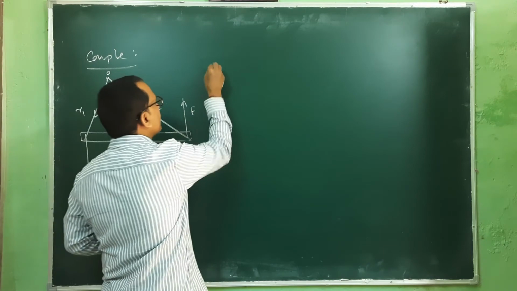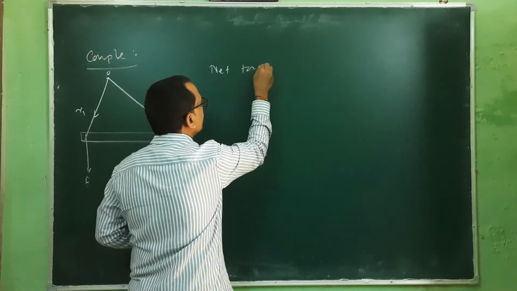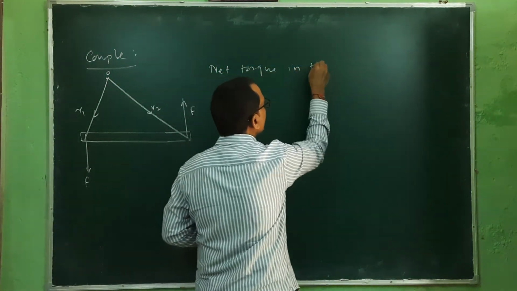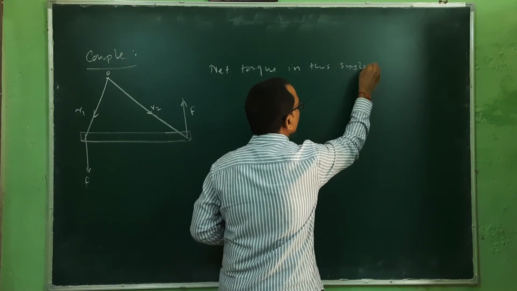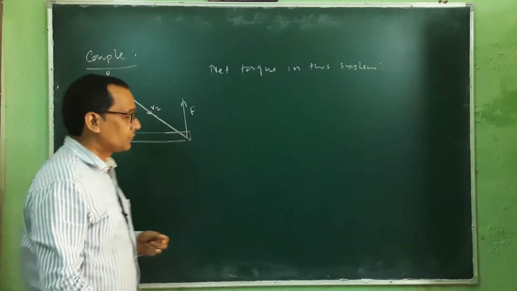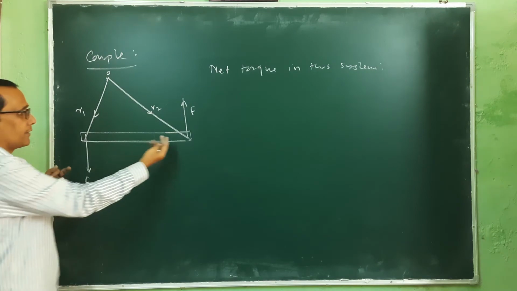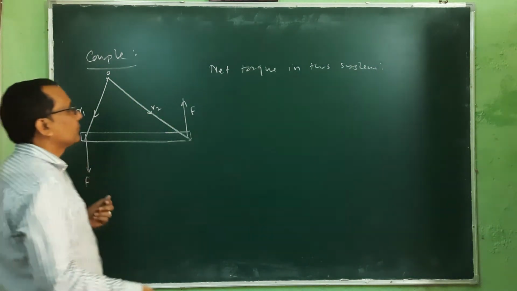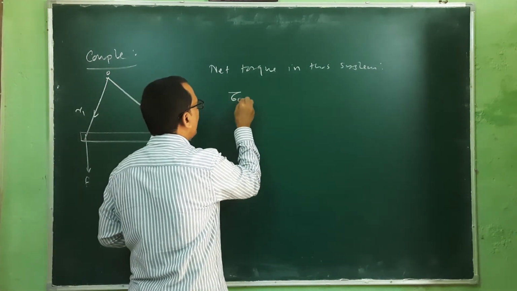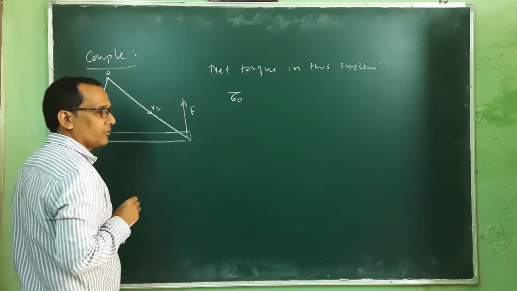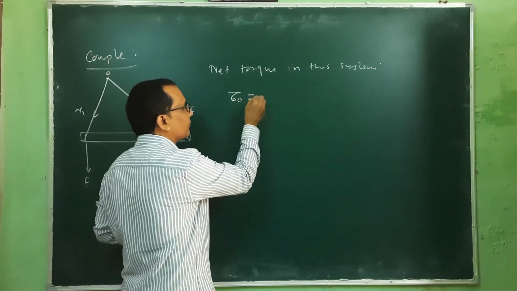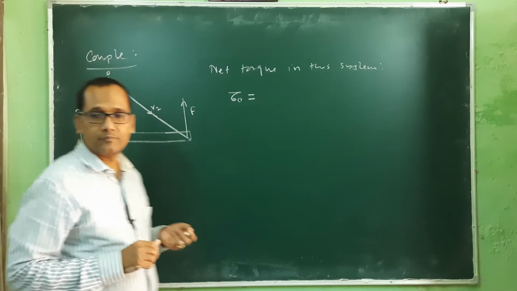So the net torque in this system: one torque is trying to rotate this and another torque is along this, so that is tau naught, because this is O, so around this point.